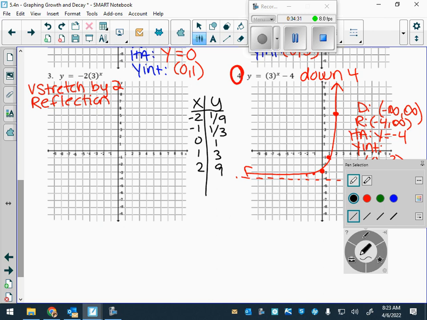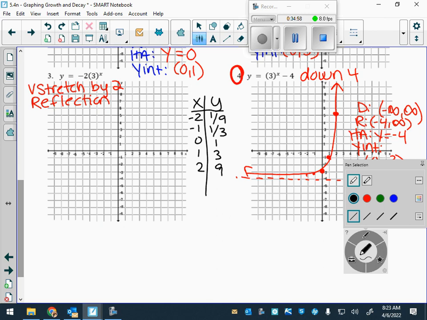Okay. So since we have a vertical stretch by 2 and a reflection, what do we have to do? Those could be done at the same time. Everett? By negative. Excellent. What values? X or Y?